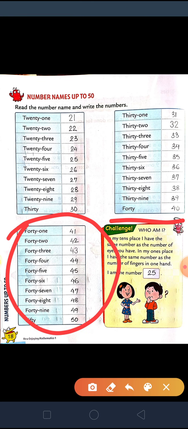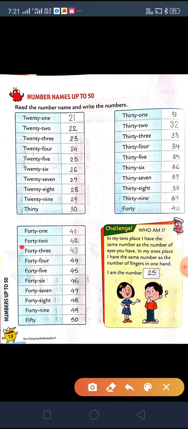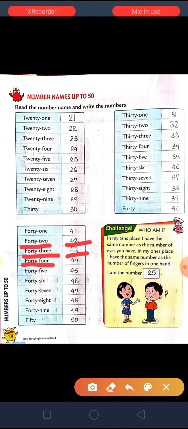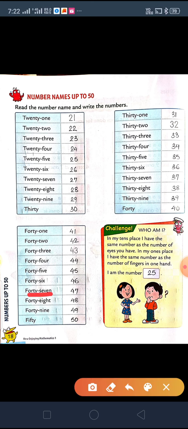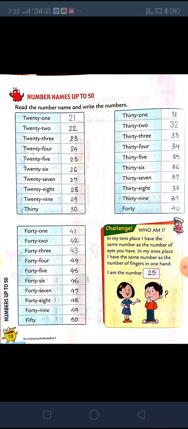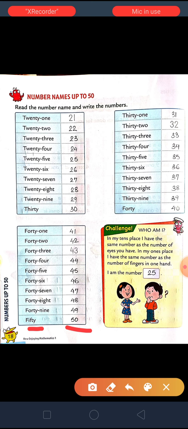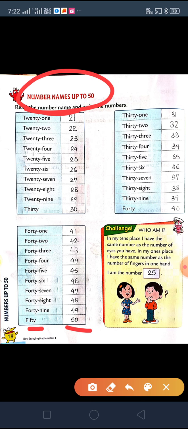Then after 40 comes 41. So the 41 number name is given, you have to write down 41 in numbers. Then 42, 43, 44, 45, 46, 47, 48, 49, and last is 50, because we have to write number names up to 50.